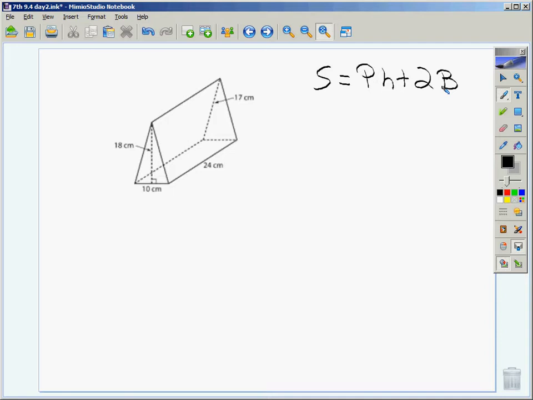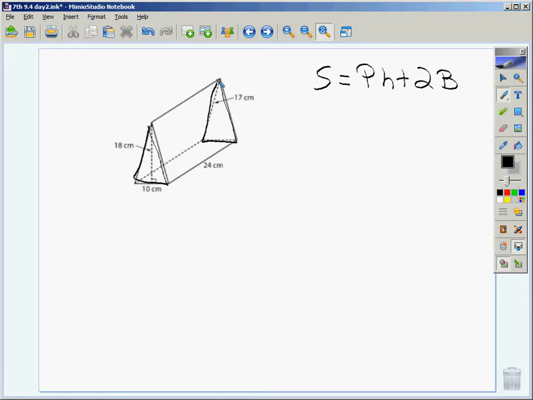Height is not the distance from the floor to the top. It's the distance between a top and a bottom. In a prism, it's the distance between the two shapes that are identical to each other and parallel to each other. The two that are identical and parallel are these two triangles.